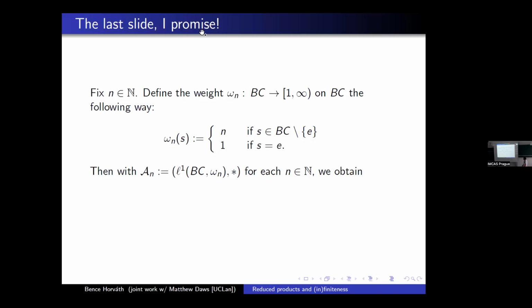These are the Banach algebras we're looking at. They're all L1 Banach algebras on the bicyclic monoid, but with this weight, so it's just a weight that varies. And from this, you obtain that all these guys are Dedekind infinite, but actually the asymptotic sequence algebra is going to be Dedekind finite.